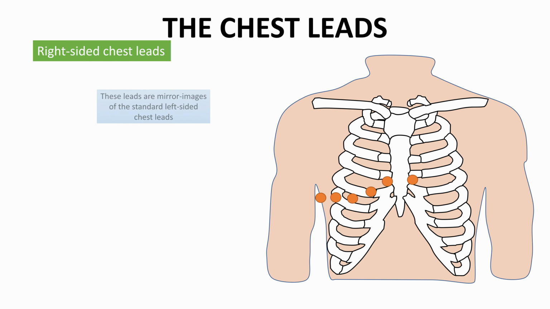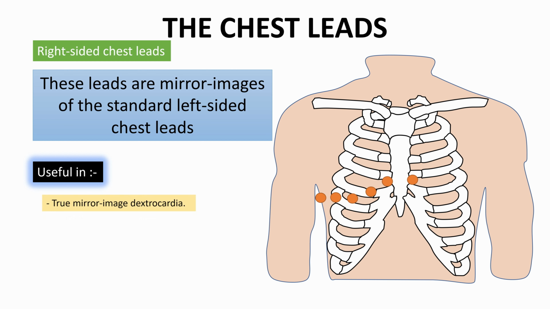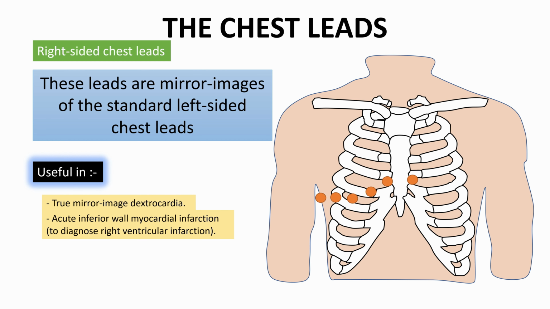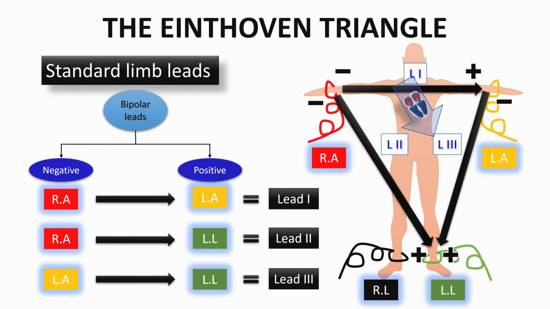These leads are mirror images of the standard left-sided chest leads. Right-sided chest leads are useful in cases of true mirror image dextrocardia, and acute inferior wall myocardial infarction to diagnose right ventricular infarction. So we have finished the chest leads, and let's start talking about the Einthoven triangle.